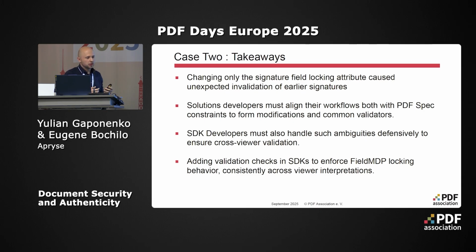Again, what this means for the particular solution developer: when you want to introduce some kind of workflow related to subsequent signatures in your document, you not only have to implement the solution, you probably need to be quite careful by testing your output documents across all the PDF viewers and validators this document might be checked against, just to make sure that there is a consensus, that you yourself understand how it works, and you cannot only rely on the PDF specification when it comes to those allowed updates.